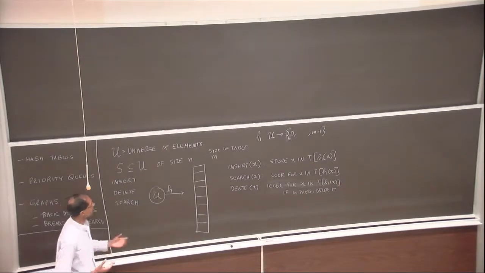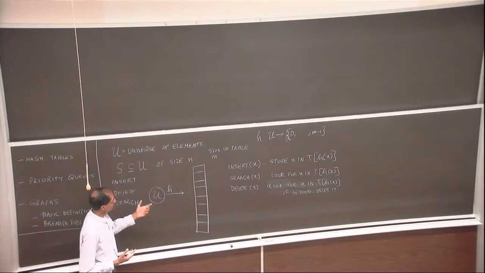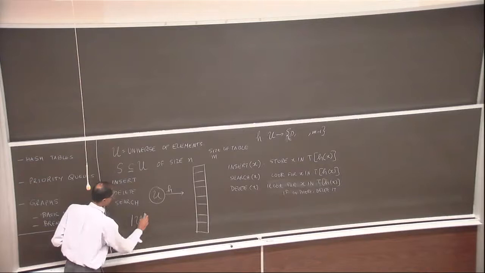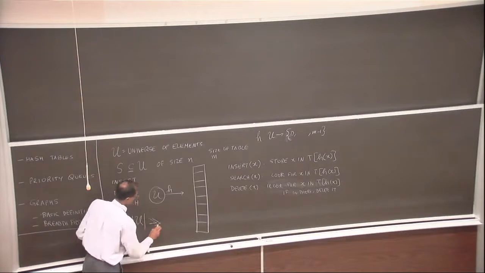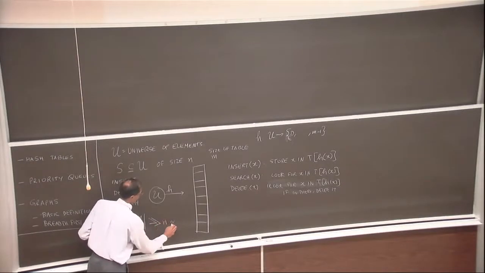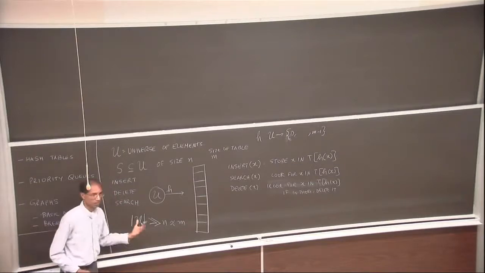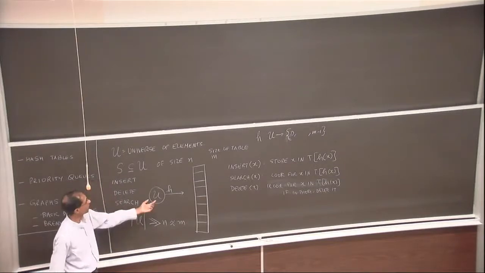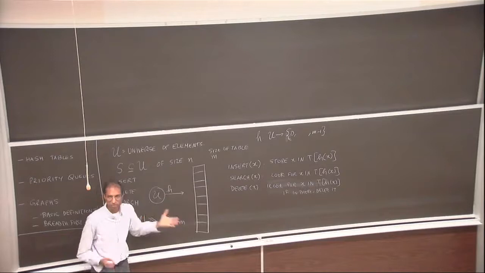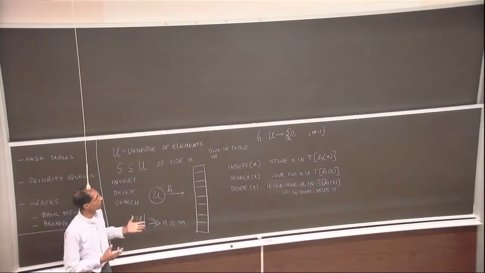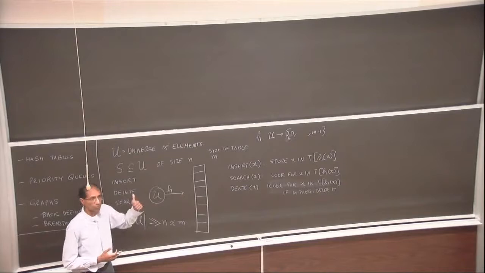As we discussed, one aspect of a hash function is that the size of the universe U is much bigger than n. So it's impossible to have every element in U have its own slot. It doesn't make sense. And if you try to build a hash table of the same size as U, there will be multiple problems.